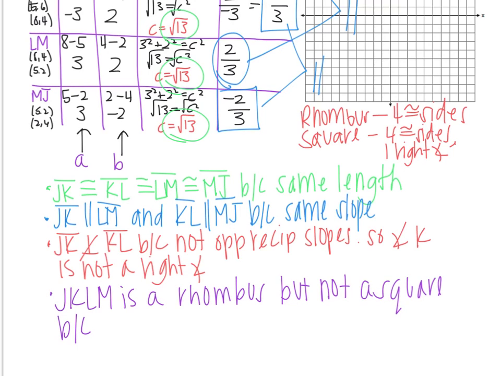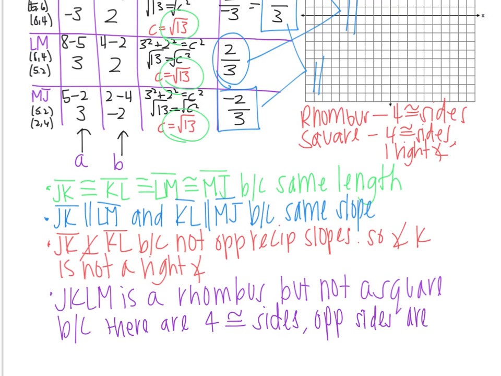So to summarize that first bullet, we can say because there are 4 congruent sides. To summarize the second bullet, we can say opposite sides are parallel. And to summarize the third one, we can say but there is no right angle.